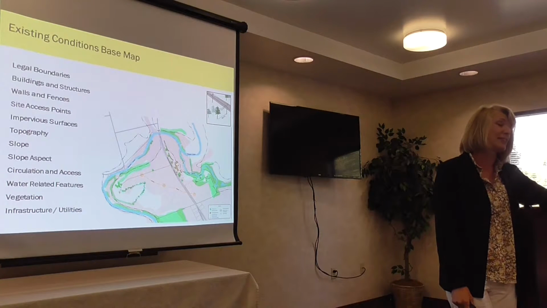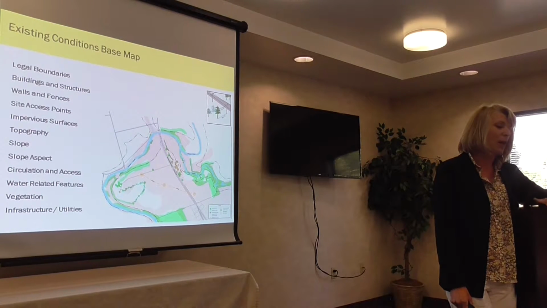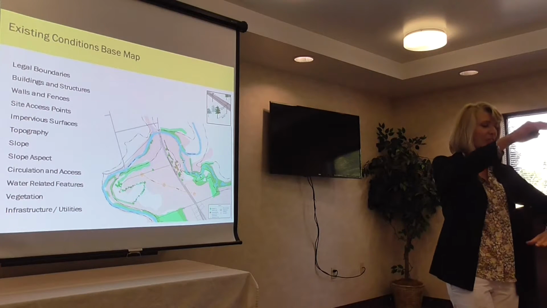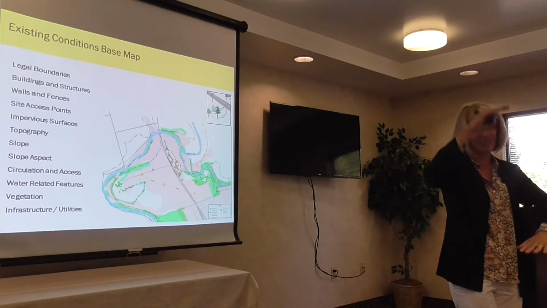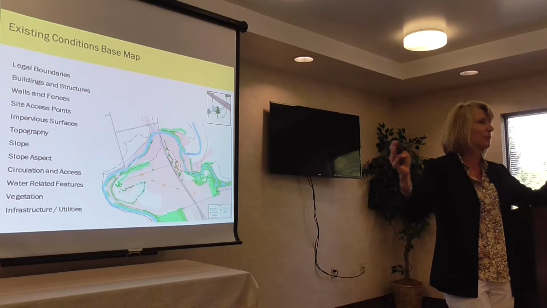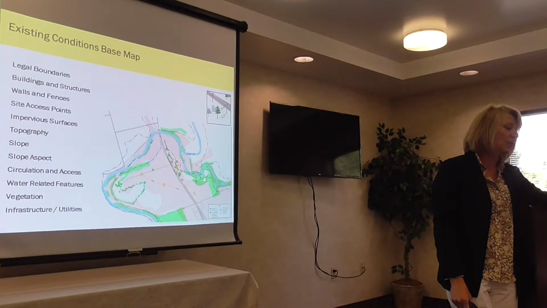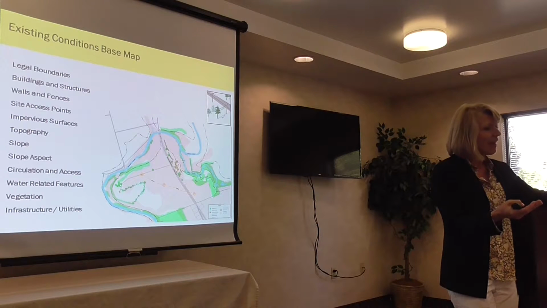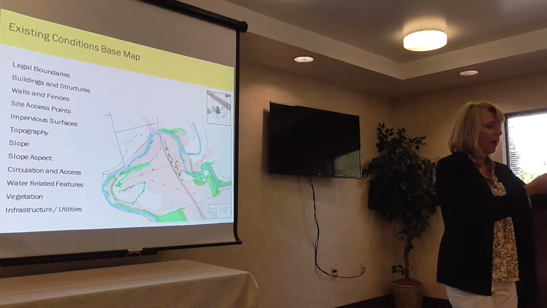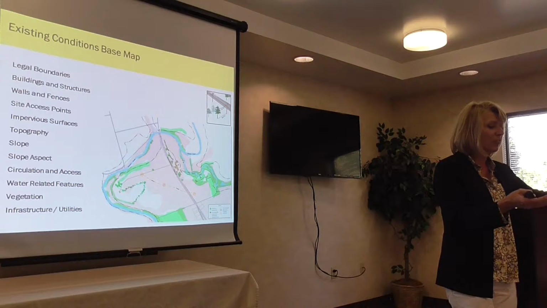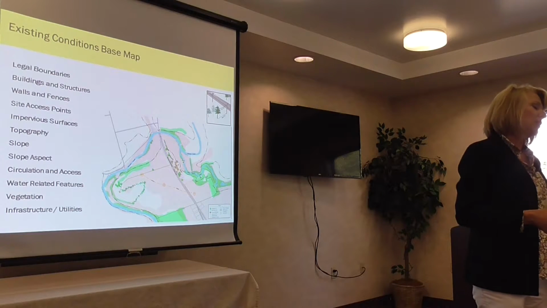It's a critical process, and no matter to what degree of analysis, I've worked on projects that have analysis this thick, maps and maps and maps, to just a smaller, simpler project. It's still an important process to at least go through so that you have that base and are able to identify all of this information that supports your eventual design.